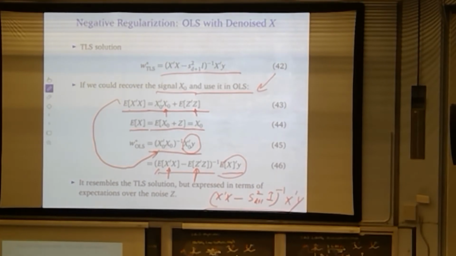It's taking the expectation of that. In reality, we never know the expectation. What we have is the sample average of these values, right?